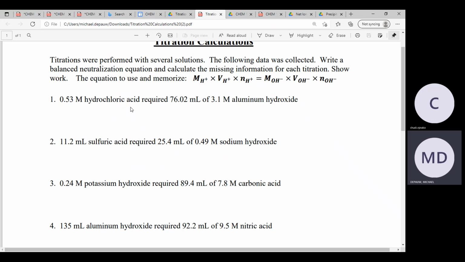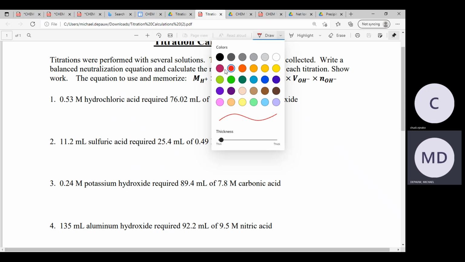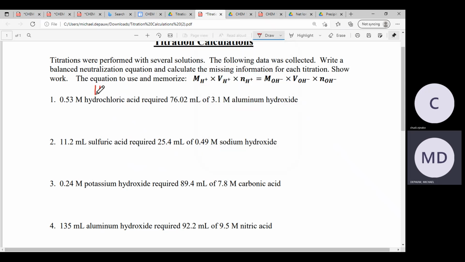The question you would get would be worded less vaguely, like: how many milliliters of hydrochloric acid is required to react with 76.02 milliliters of 3.1 molar aluminum hydroxide?